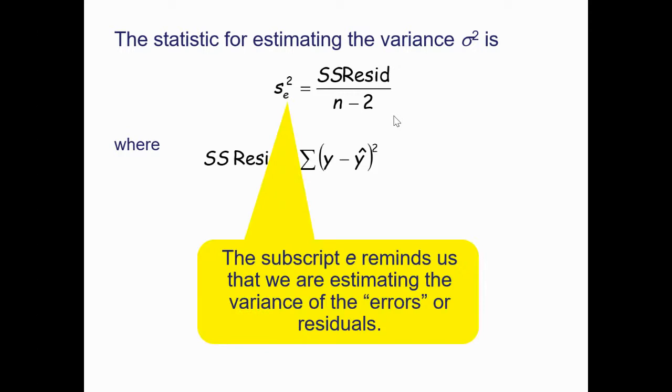Before we get to that point, the subscript of the e reminds us that we're estimating the variance of the errors or the residuals, which in turn is the variance of the model. That's why on the Minitab output that we talked about in Chapter 5, we talked about the standard deviation. Yes, it's of the model, but in particular it's the standard deviation of your errors.